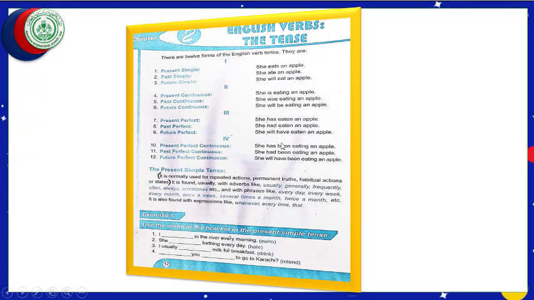This is the first page of chapter 2, which we are going to start today. On this page, there is some detail of tenses. Let us read and try to understand.